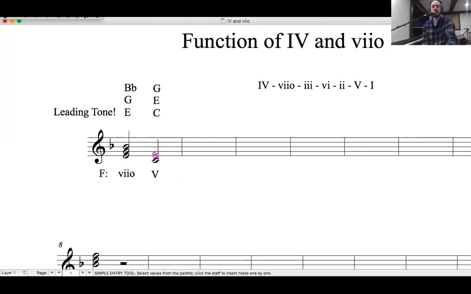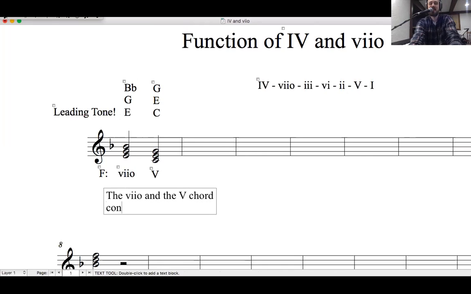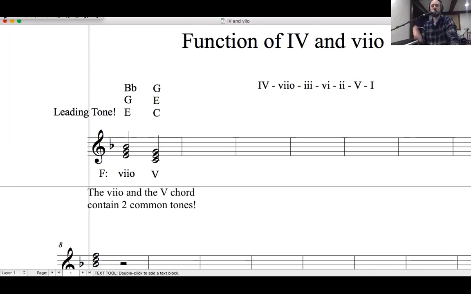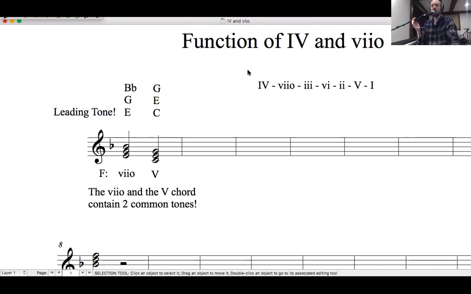And so that means the 5 chord and the 7 chord contain 2 common tones. Particularly because one of the common tones is the leading tone, these 2 chords have a similar identity and a similar purpose, so we can use them functionally in the same way.